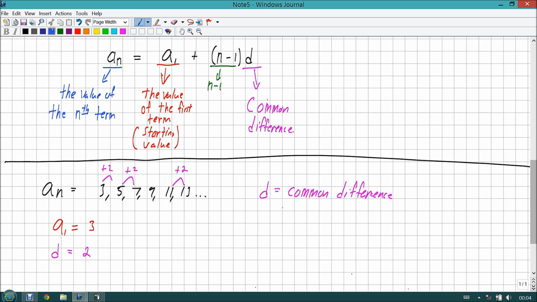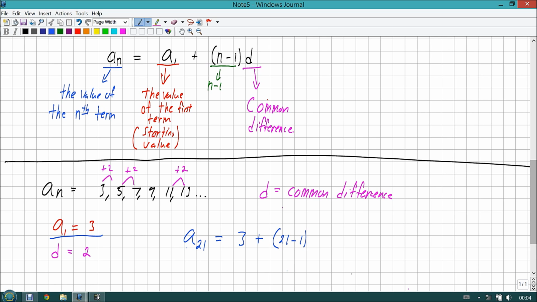Now let's say that I'm told to find a sub 21. To do that, I start out with my first term. My first term is 3. And then I add to that the number of terms that I'm going to minus 1. So I'd have 21 minus 1.